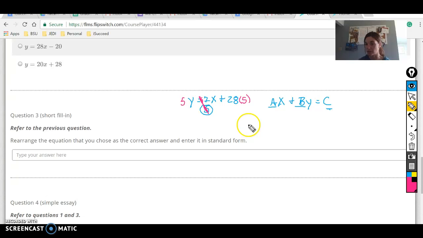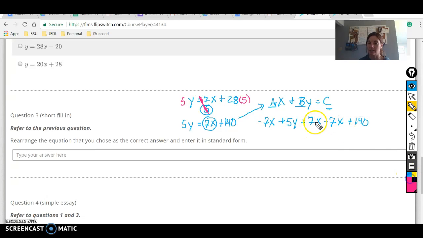which is 140. So when I simplify this, I have 5y equals 7x plus 140. Okay, now in order to get it into this format, all I need to do is subtract 7x from both sides. So I get minus 7x plus 5y equals 7x minus 7x plus 140.